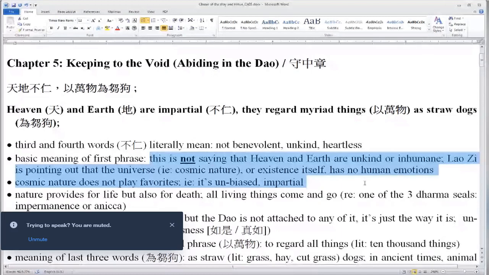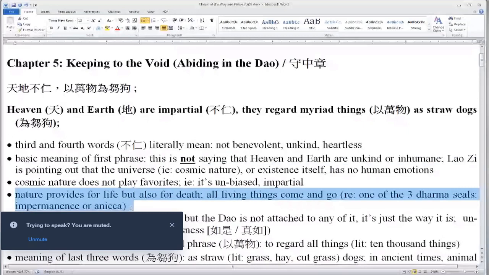Cosmic nature does not play favorites. It's basically unbiased, neutral, impartial. Nature provides for life, allows life to begin and even flourish, but also for its decline and eventual end, or death. So all living things come and go.